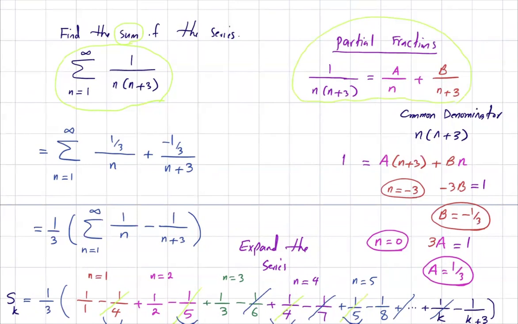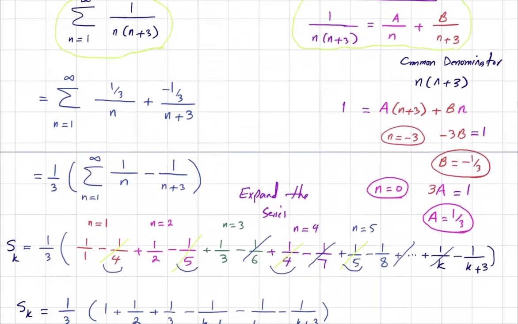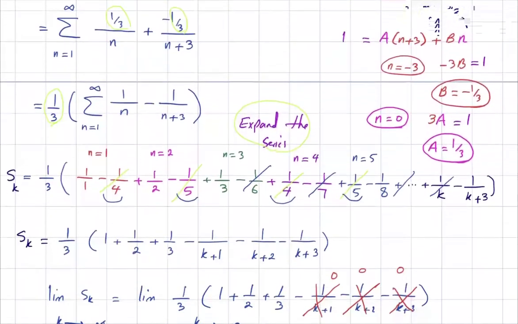You end up with 2 fractions, a third over n plus negative a third over n plus 3. I factored out a third and wrote it in front of the summation of 1 over n minus 1 over n plus 3. It is similar to a telescoping series. So what I did, I started expanding the series, see what do I get for the partial sum.